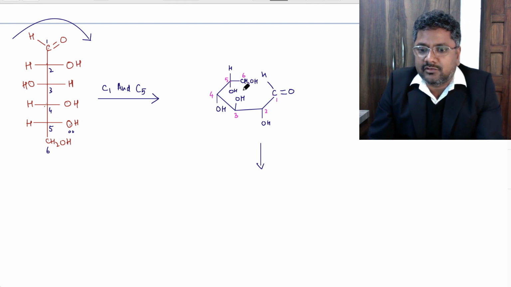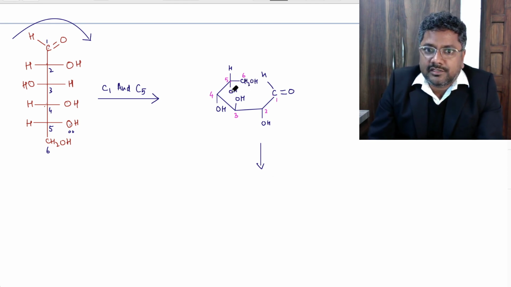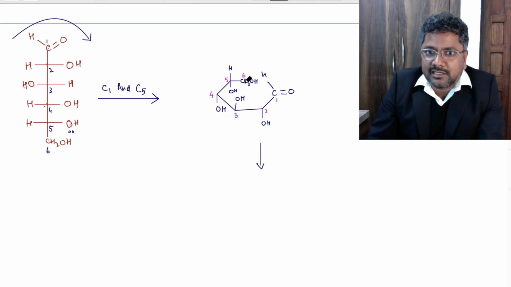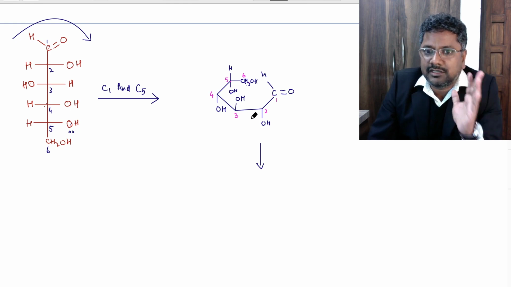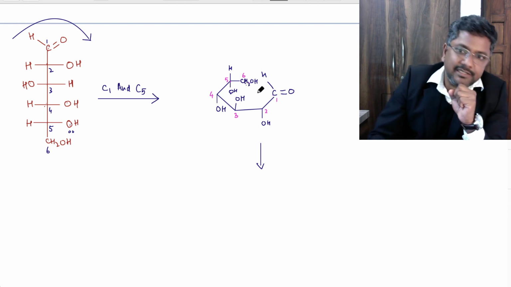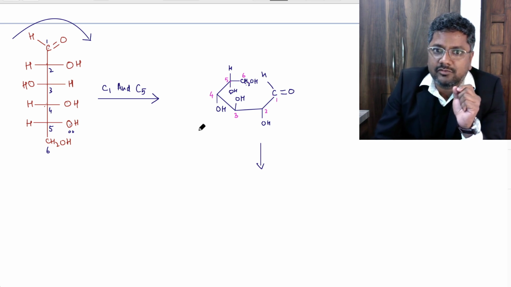So what you want to do, you wanted this OH here. First you should exchange H with CH2OH, put this CH2OH here and H here. After that, make the change between H and OH. So put OH here and H here, right? So this will give you carbon number 5 without changing the configuration, right?